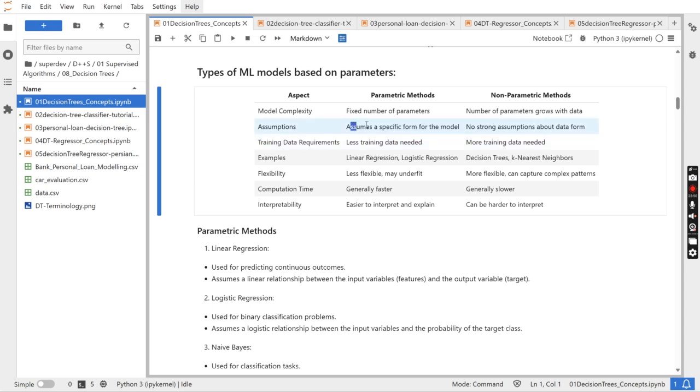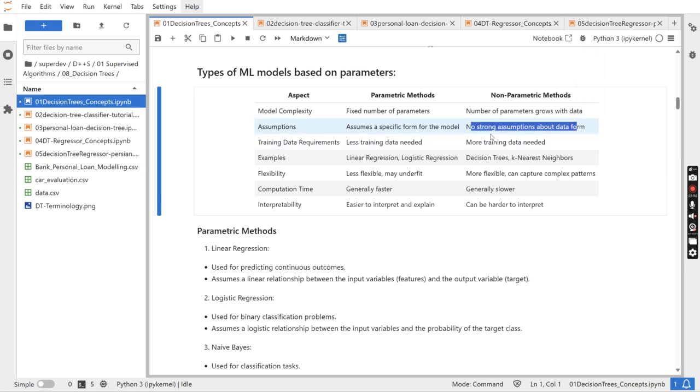Okay, so there is a specific form of the model. What the model is going to do, the model already knows. What calculations it's going to do, the model already knows, that code is already written. So that's why we say there is a specific form of the model. But in non-parametric, there is no strong assumption about the data, hence there is no specific form.